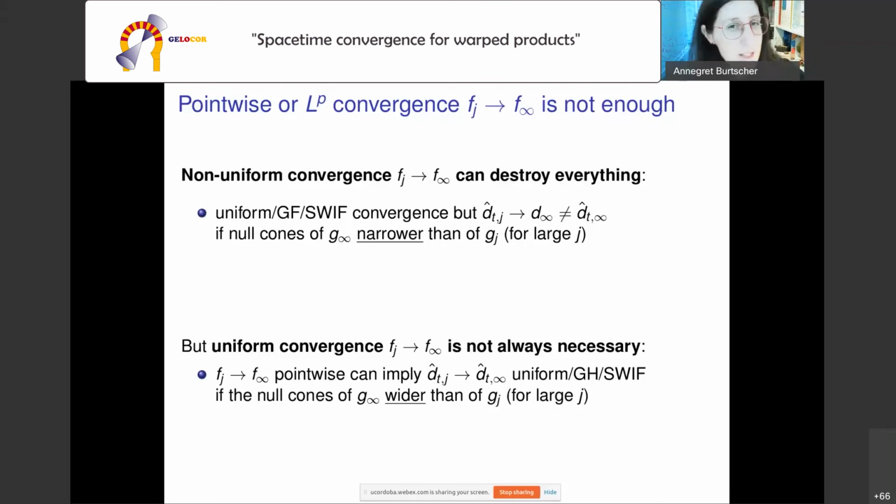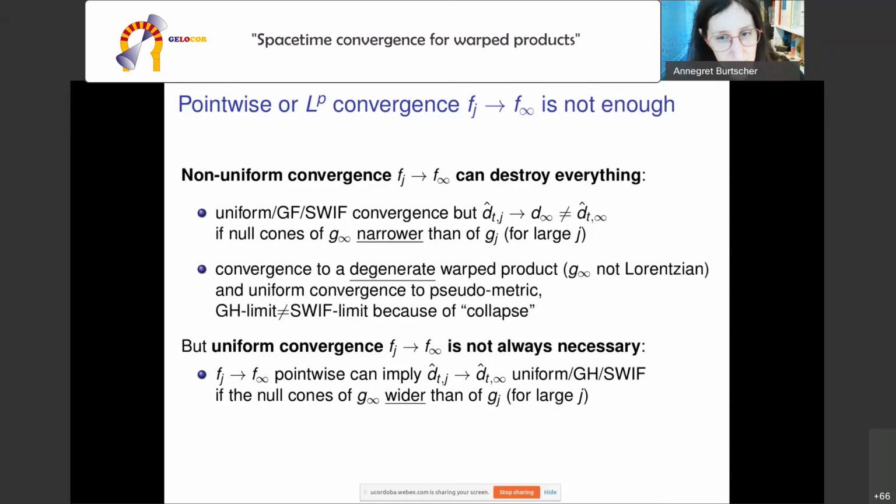So uniform convergence is not always necessary, but it shows you that it depends on your limiting space. How is that related to your sequence? And then we also studied the case of a degenerate warped product. Before, I always assumed that the warping functions are bounded away from 0. But if you don't impose these conditions, then the limiting space doesn't need to be Lorentzian.